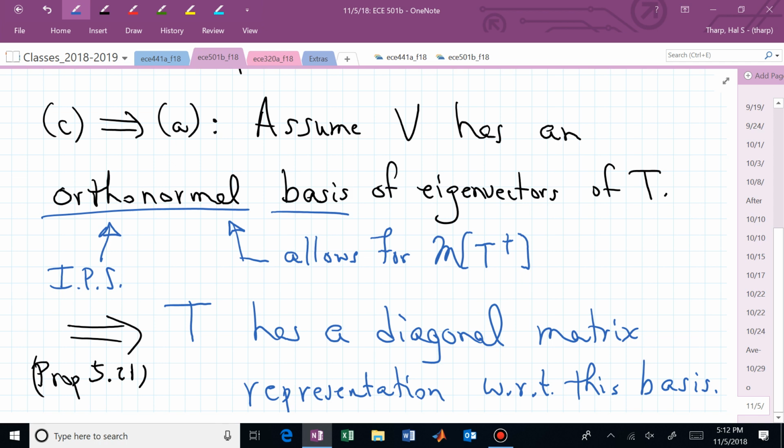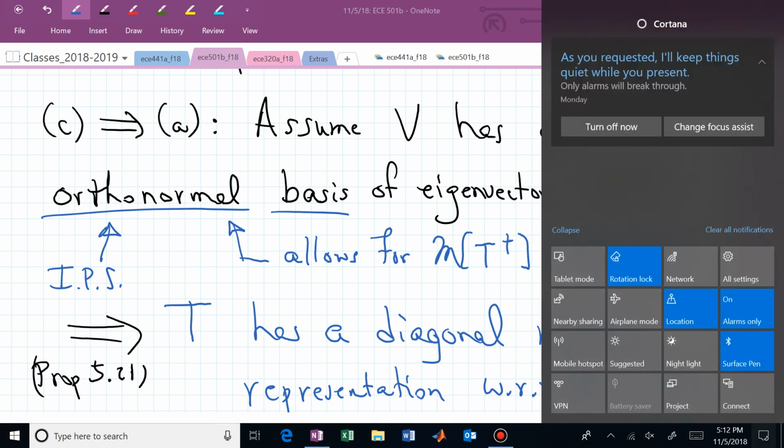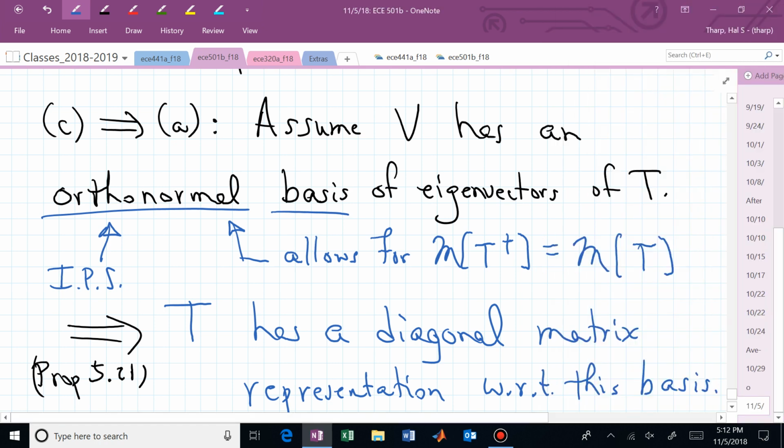That's when we can do the complex conjugate transpose of these matrix representations. So if we need the matrix representation of the adjoint, since we're working on an orthonormal basis, then we can take the conjugate transpose of the matrix representation of T.